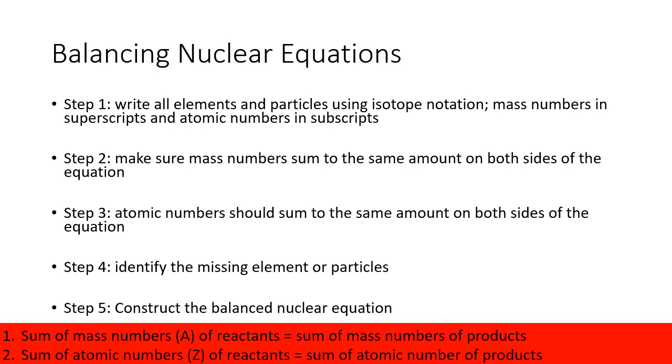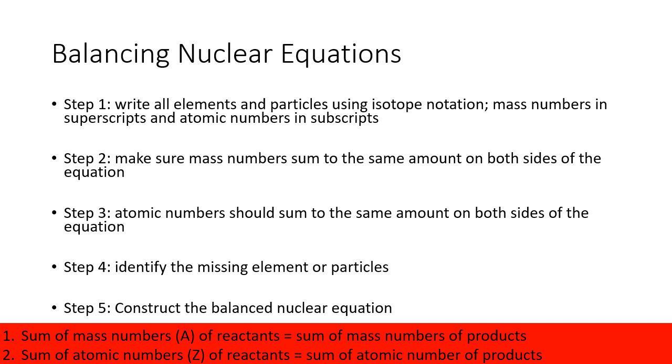So we have a number of steps for balancing nuclear equations. Step 1, we will write all the elements and particles using isotope notation. So mass numbers in the superscripts, atomic numbers in the subscripts, and we use the element symbol for the X. Step 2, make sure the mass numbers sum to the same amount on both sides of the equation.